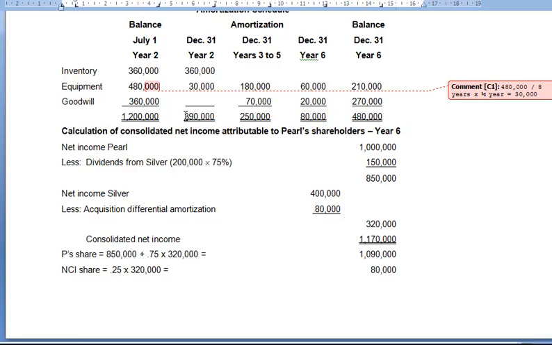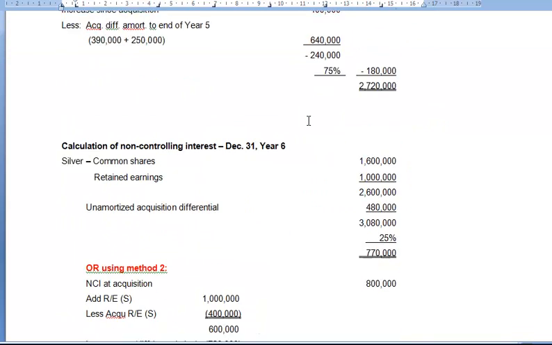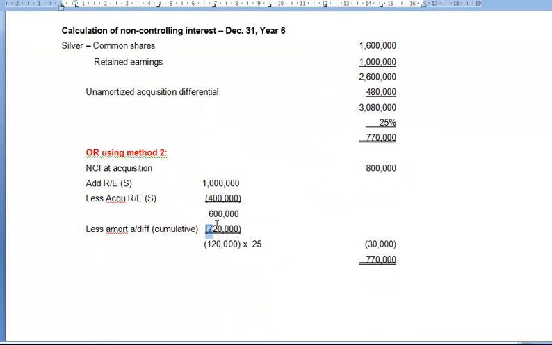So now in total at the end of year 6, the cumulative acquisition differential plus impairment losses is 390 plus 250, which was 640, but now I got that additional 80. So I'm going to include it here to get negative 720. So now 600 less 720 is going to give me $120,000 deficit. NCI now gets its cut, which is 25% of that deficit. So I'm going to get 770,000.